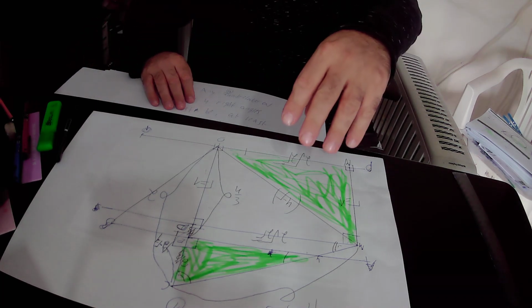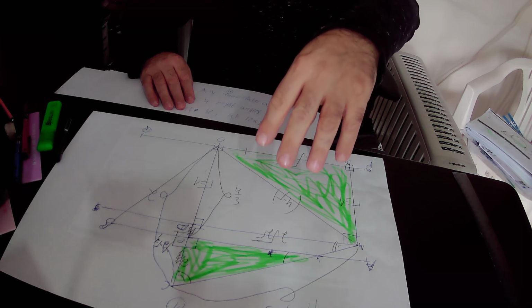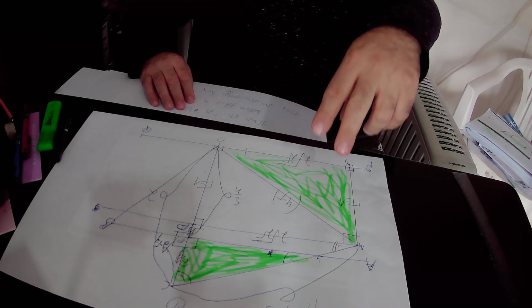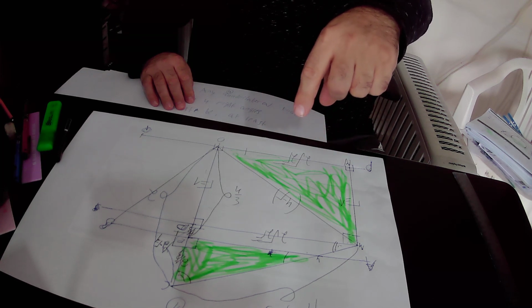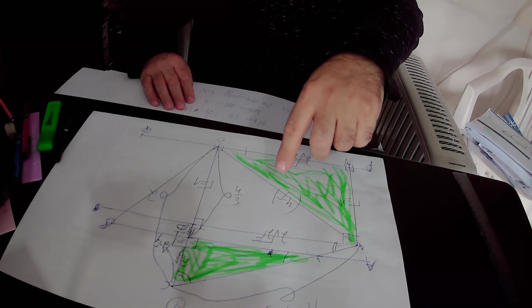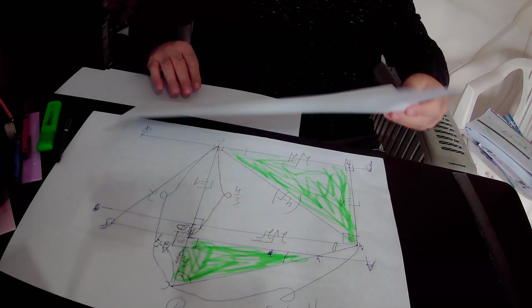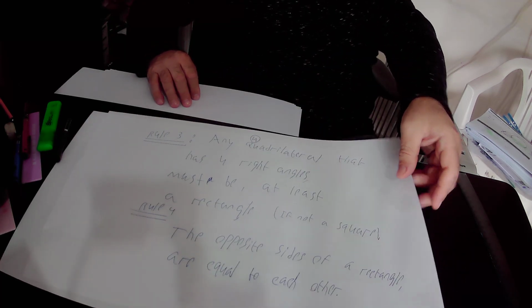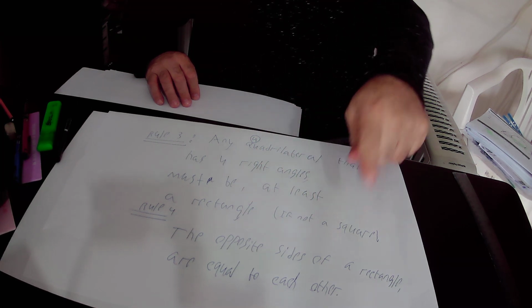Because this quadrilateral MNOD has four right angles, it must be at least a rectangle. So we will treat this quadrilateral as a rectangle. And we also have rule number 4, which states that the opposite sides of a rectangle are equal to each other.